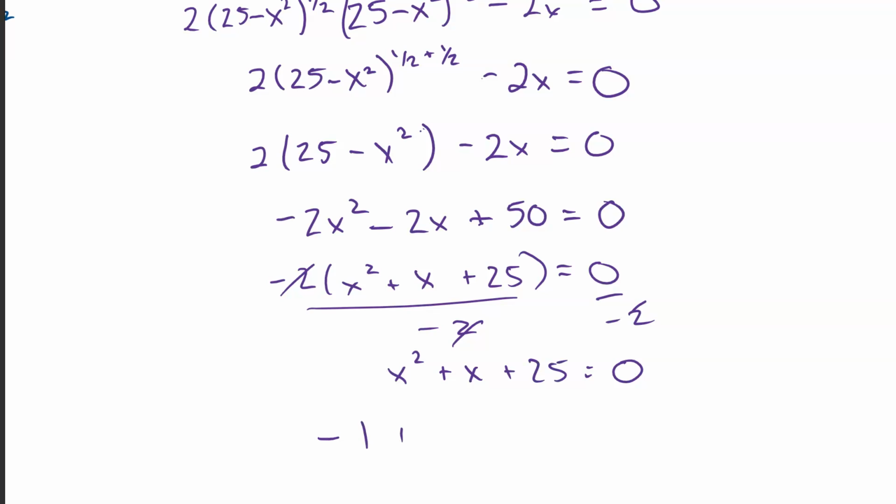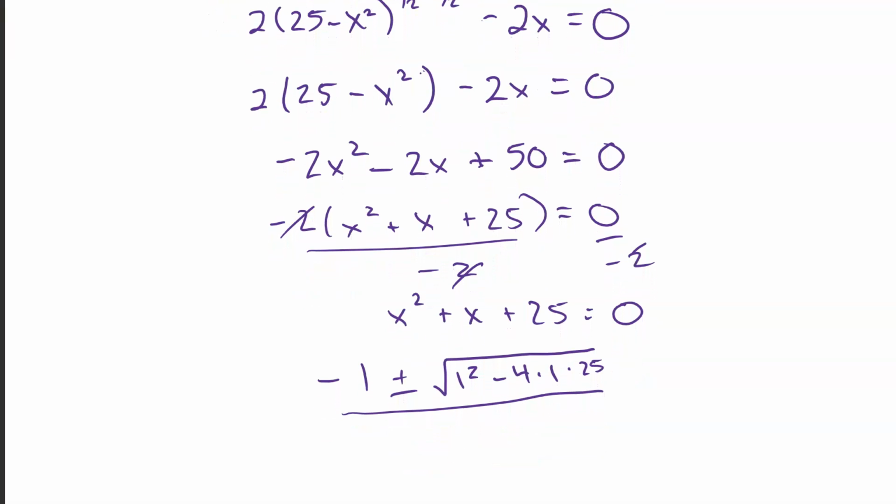So opposite of 1 plus or minus the square root of 1 squared minus 4 times 1 times 25 over... Oh, this flips to a negative. You pull out a negative too.